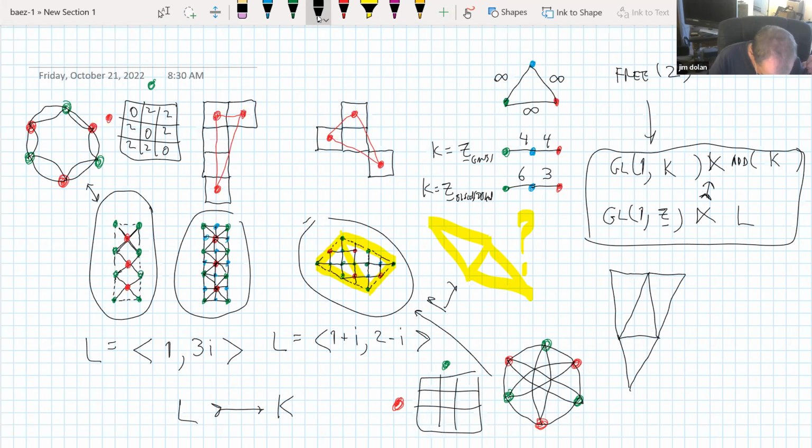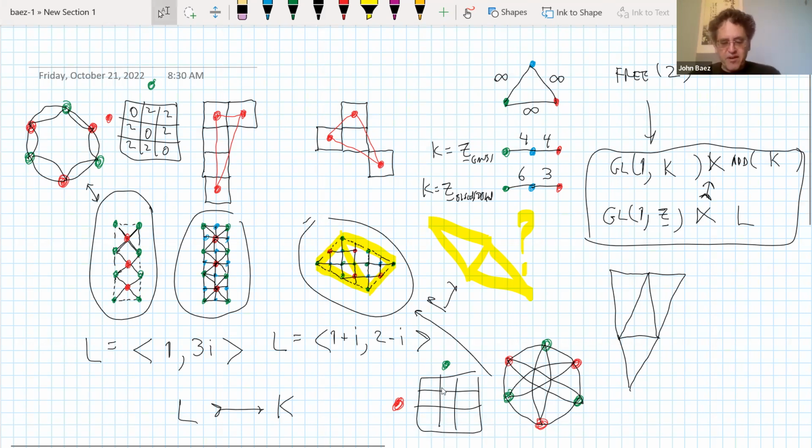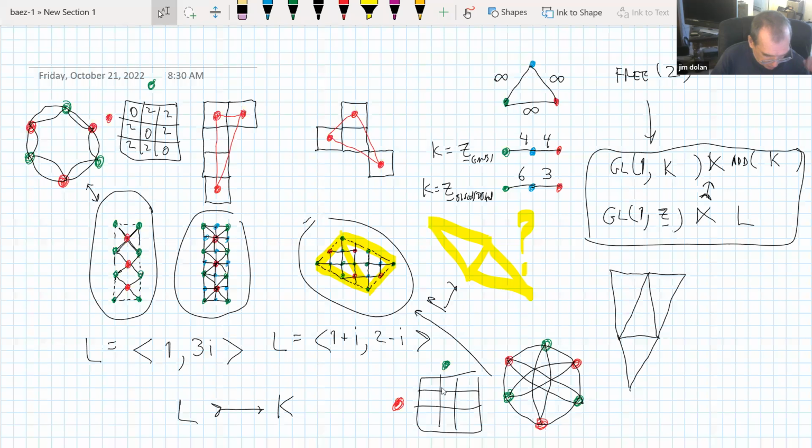So how does it work? Your system apparently is that you've got greens 1, 2, and 3, and reds 1, 2, and 3, and red sub n is the antipode of green sub n. That's certainly true in this first one. That might be true in the second one too.